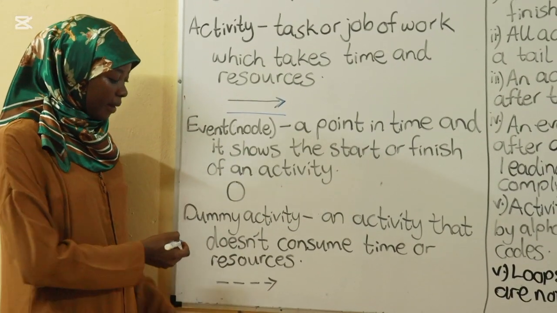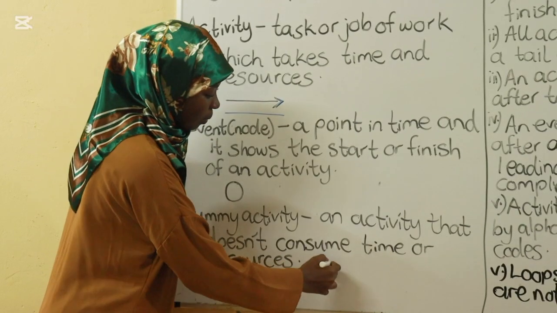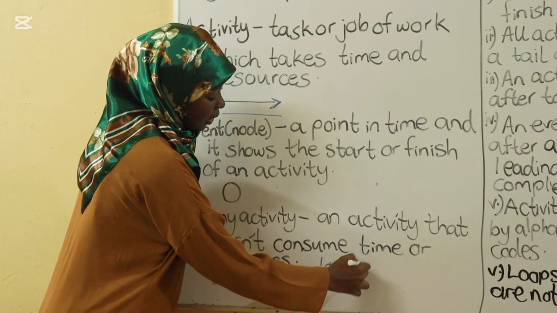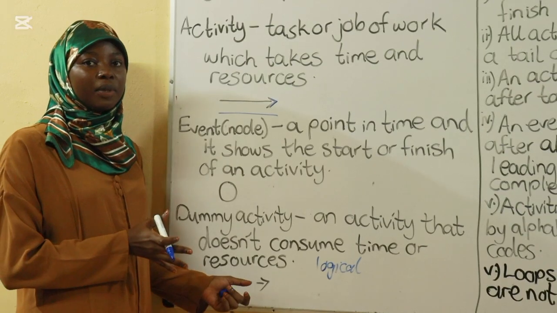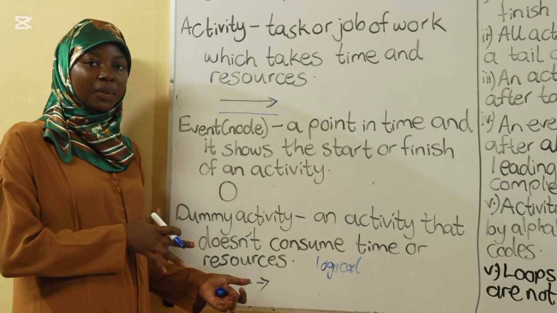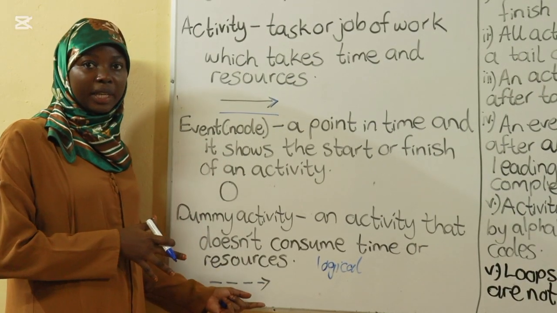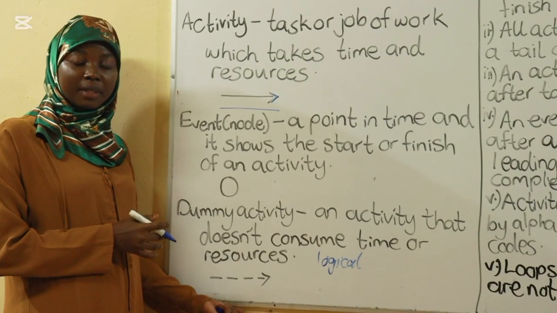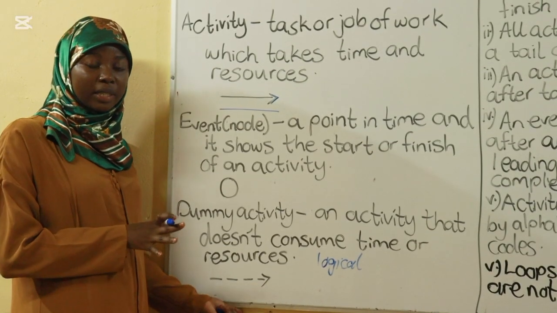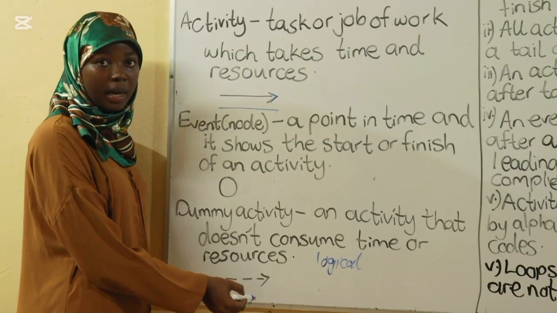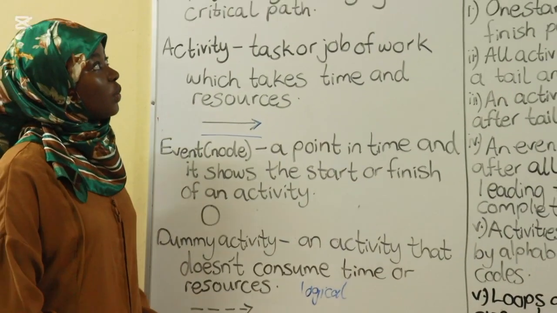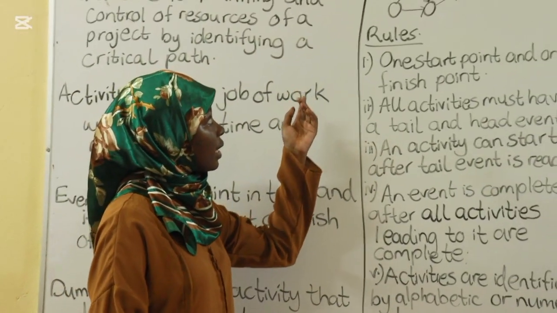Mainly a dummy activity is used for logical purposes. You will see this when you come to the rules of network analysis, because sometimes you have to bring logicality into the network, so you will have to use a dummy activity. A dummy activity does not use any resources or time, and it's denoted by this broken arrow.